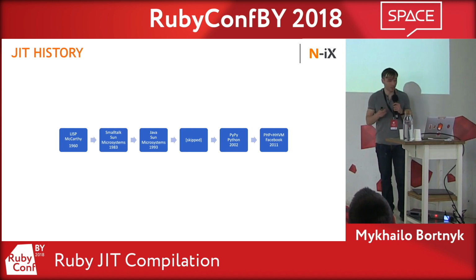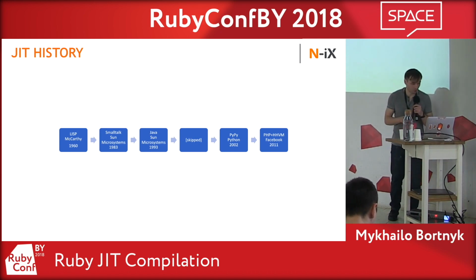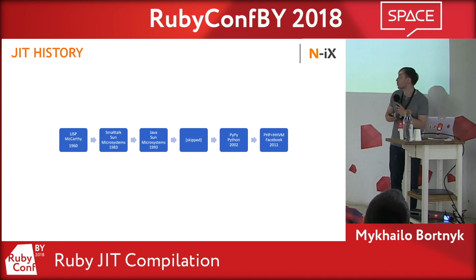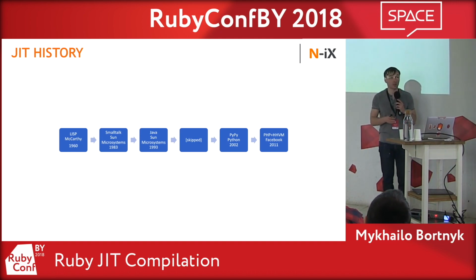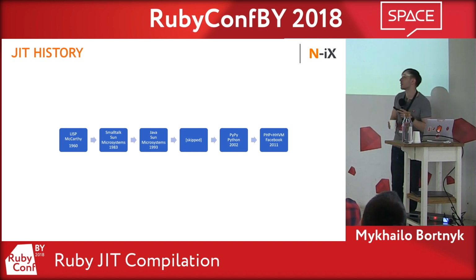After that, PHP introduced HHVM at Facebook in 2011. And why am I mentioning Python and PHP here? Because in all comparisons, PHP and Python are mentioned as the most common competitors of Ruby.